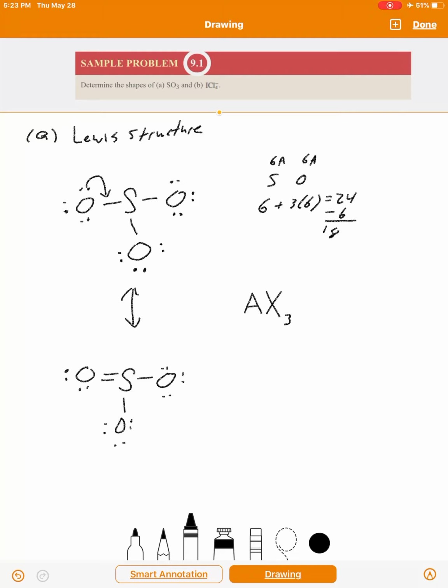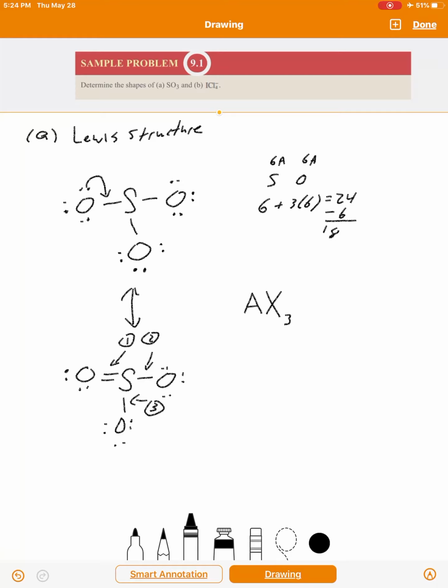And then we can use a little logic to this. If we have 3 electron domains, 1, 2, 3, an electron domain is 1 or more bonds to a surrounding atom, or a lone pair. So the sulfur has 3 electron domains that it's attached to.